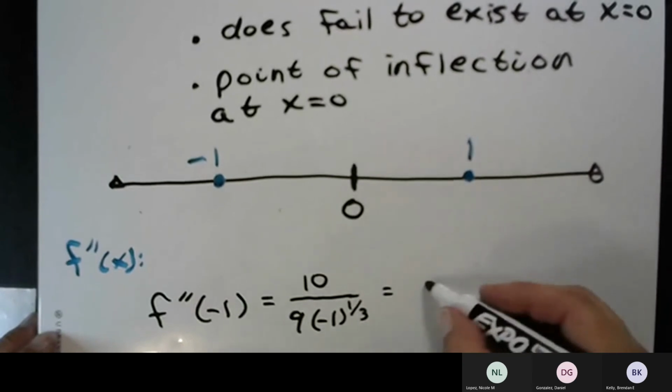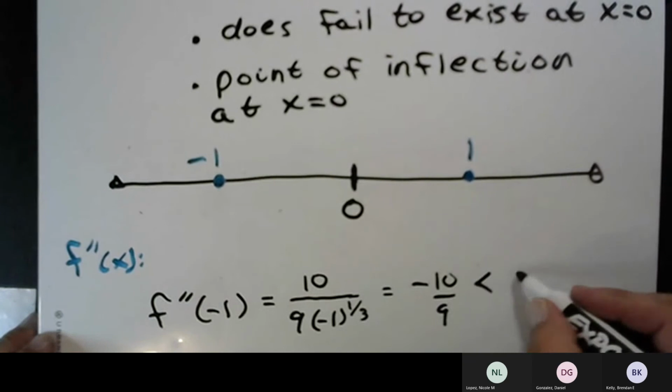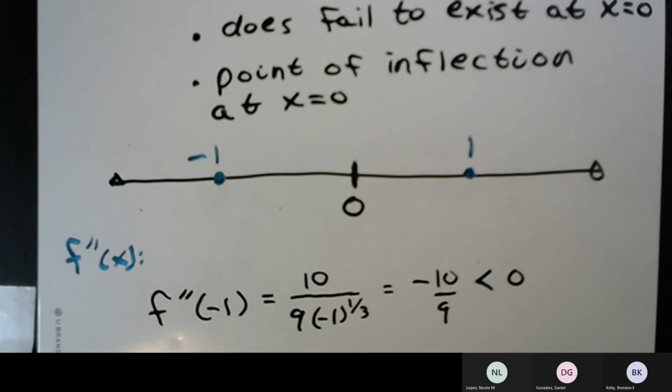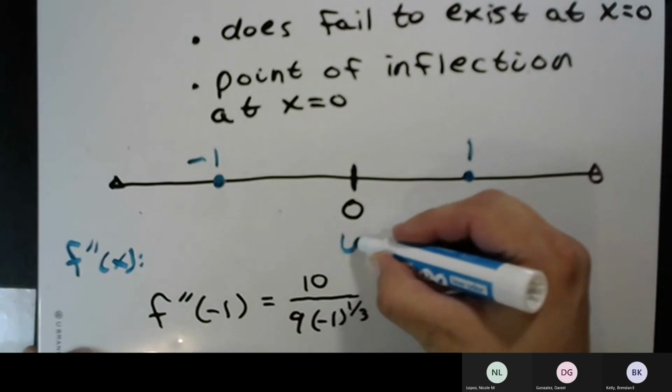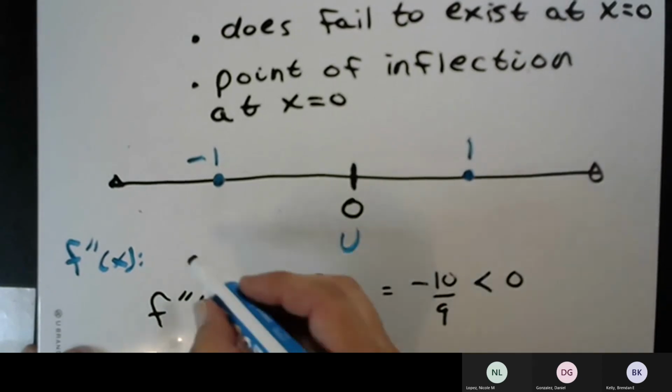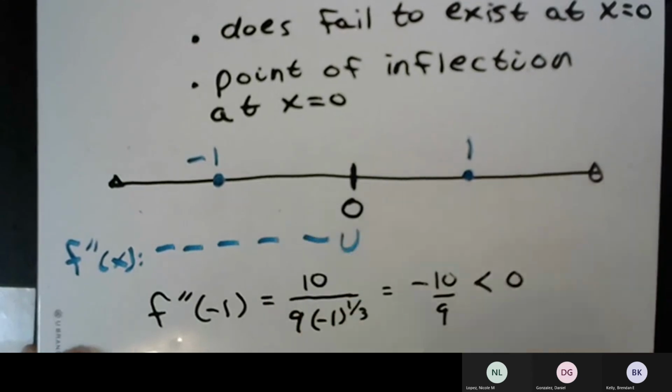The cube root of -1 is just -1. You get -10 over 9. But the key thing is it's going to be less than 0. So here we're undefined, I'll put a big U here, and we're going to have negative for that interval.